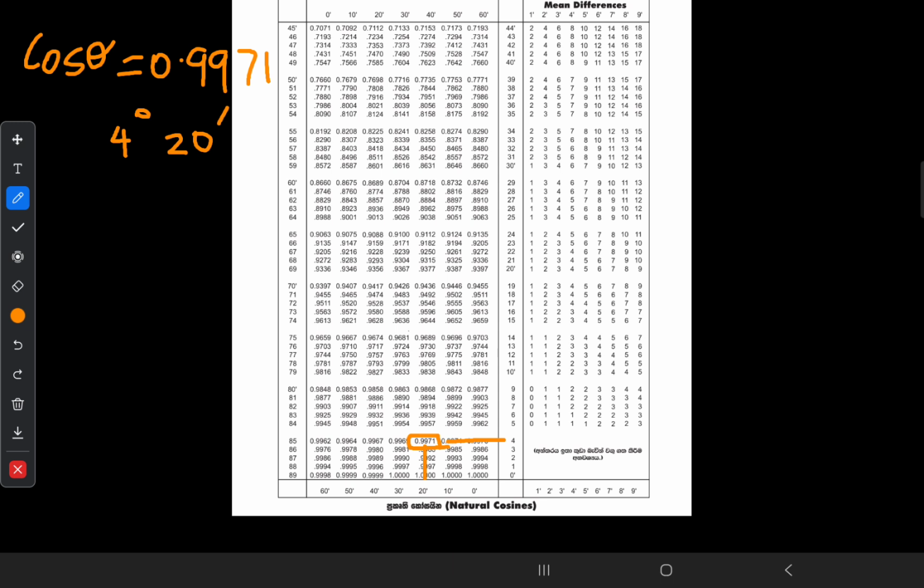That is the corresponding angle for cos theta 0.9971. Next, let's find cos alpha, that is 0.5299. In the context of cos, let's use the table to find where 5299 exists.